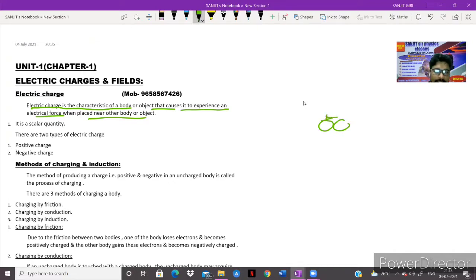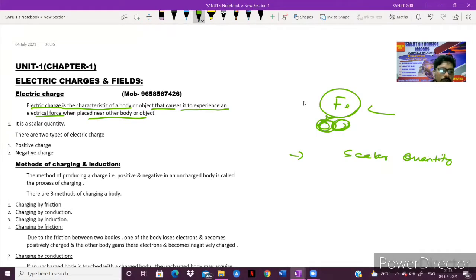If this body is placed near the other body, then an electrical force is produced. So the characteristic of that body is known as electric charge. Electric charge is a scalar quantity.